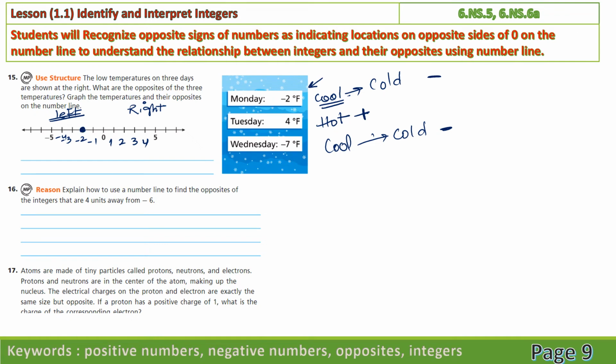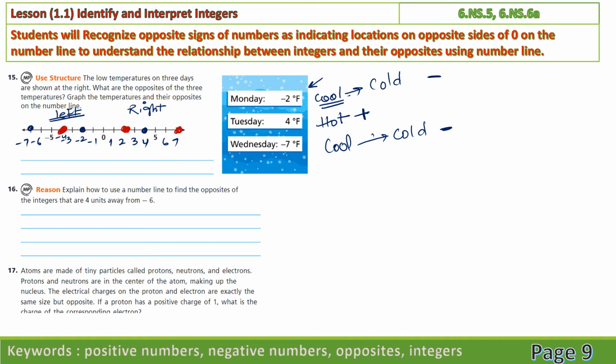Then we have 4 here and -7 here. Now what are the opposites of these three temperatures? The opposite of -2 is 2, the opposite of 4 is -4, and the opposite of -7 is 7.